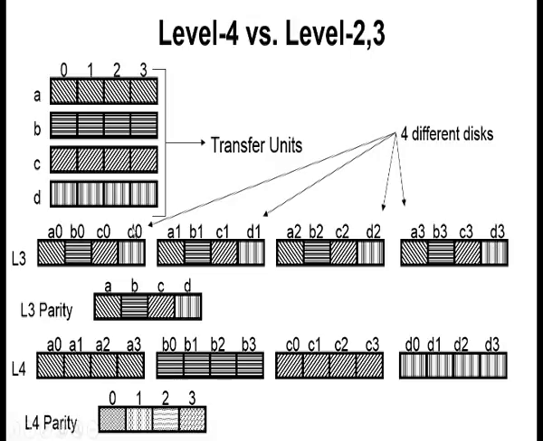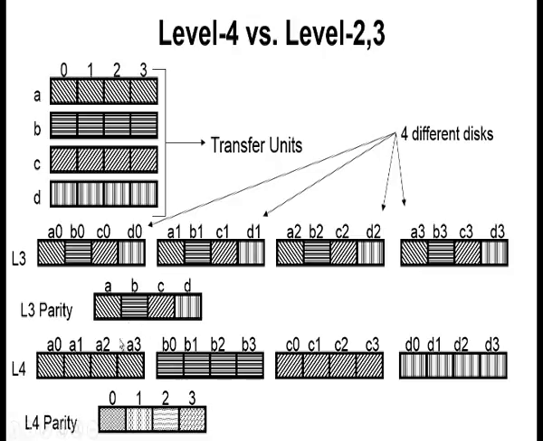For the second block, say B, it is B naught, B1, B2 etc., different bits of the same byte are kept in different disks. And when you are calculating the parity, for byte A, which is kept in 4 different disks, you calculate the parity and store it here, and for B, which is a single byte, you calculate the parity and store it here.